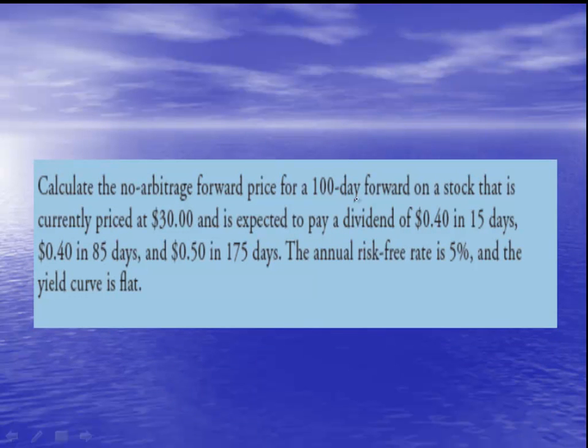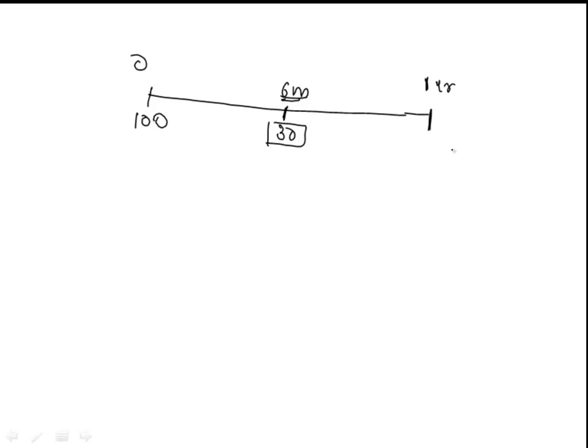Now, see what it means is, logically, if you have a stock which is, let us say, currently trading at 100, this is time 0. What you know is exactly 6 months from today, the stock will pay you a dividend of 30 rupees. And you want to find out what should be the 1 year forward price.